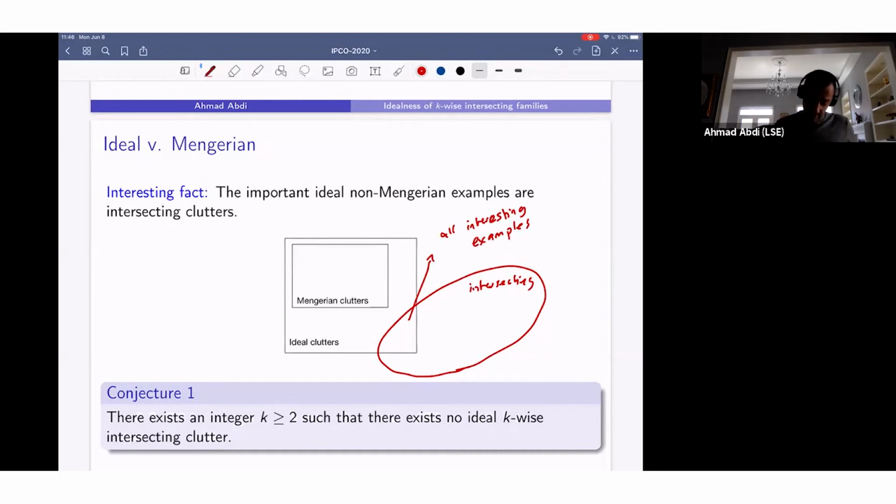Okay, and so intersecting starts with two-wise intersecting, and you could now bump up the k, go from two-wise intersecting to k-wise intersecting, and you'll get a smaller and smaller class every time. And the conjecture is that after a certain point, it'll get so small that you'll be disjoint from idealness.